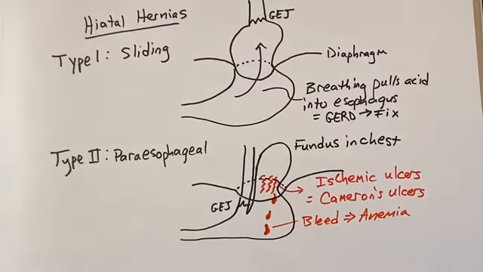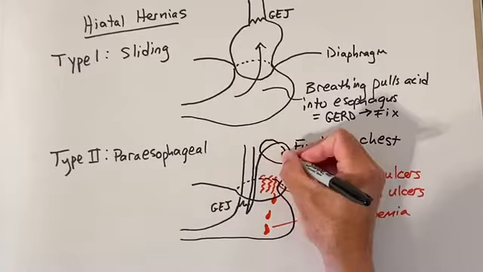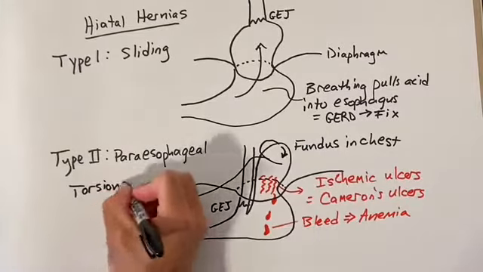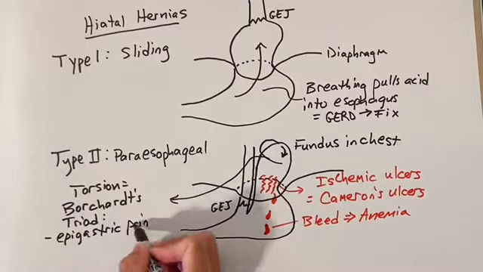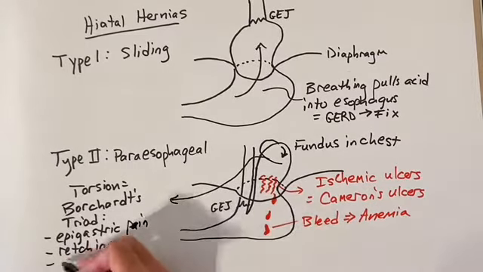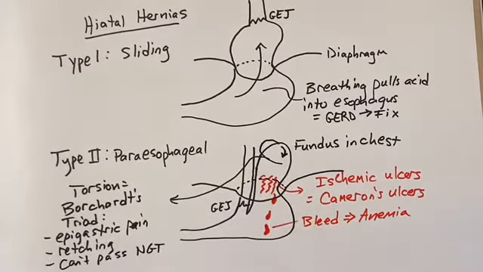Torsion of the stomach causes a classic Borchardt's triad, which is comprised of severe epigastric pain, unproductive retching, and an inability to pass an NG tube. This is a sign of a torsed paraesophageal hernia with the stomach torsed around itself. Fix paraesophageal type hiatal hernias if they're good operative candidates because of this risk of gastric volvulus.